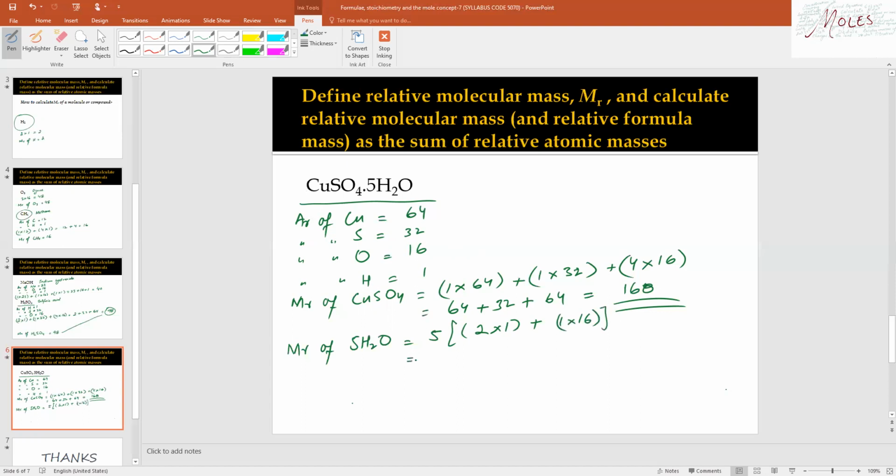We get 5 multiplied by 18. It will become 90. Now add 160 plus 90. We'll get 250. So Mr of CuSO4 dot 5H2O will be 250.